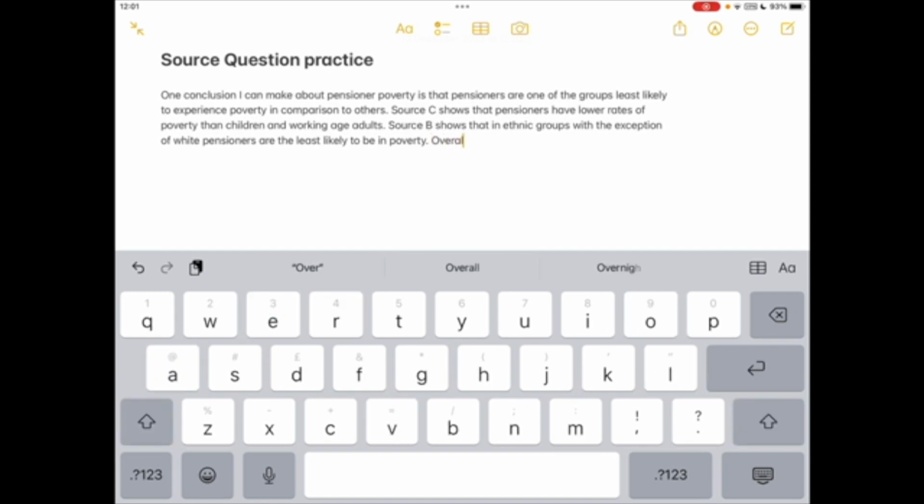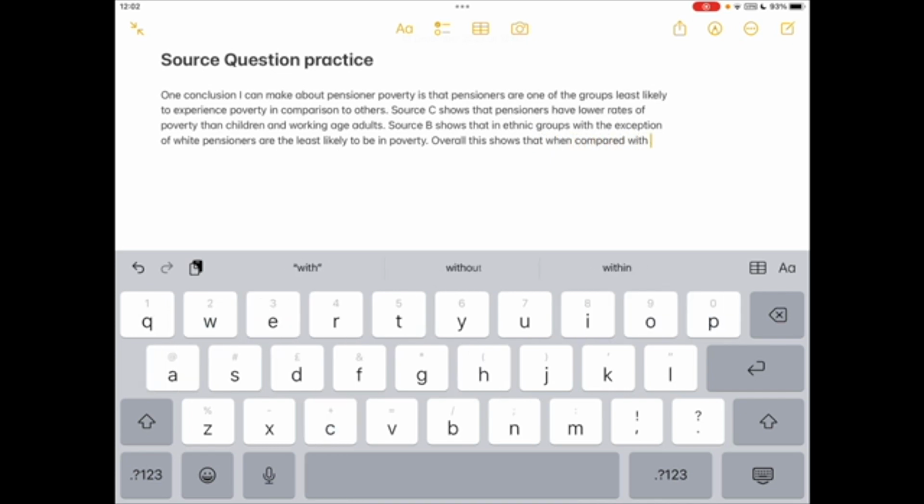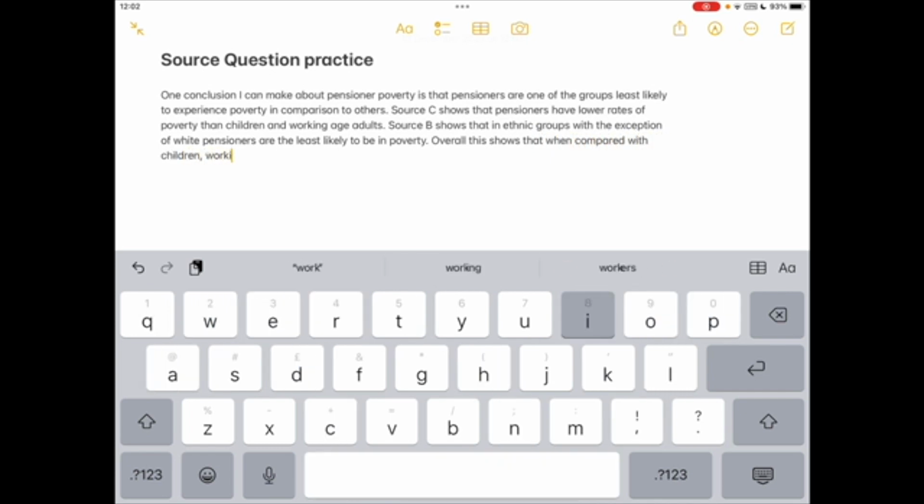Overall, this shows that when compared with children and working age adults, pensioners are almost half as likely to be in poverty.